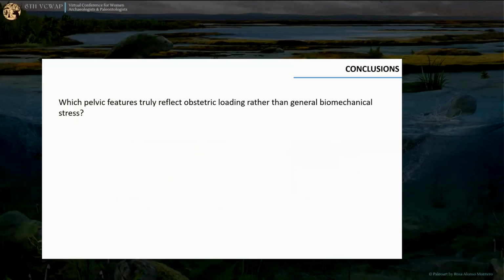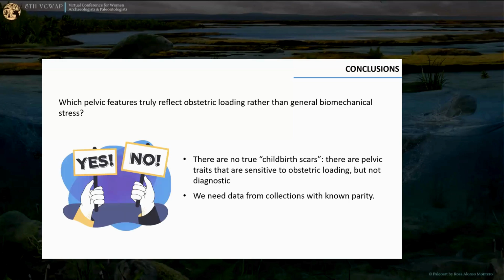So in order to try to answer the starting question, which pelvic features truly reflect obstetric loading rather than general biomechanical stress, could we answer this question? Not really. Of course, we can answer partially, because we highlighted which features cluster strongly in females.